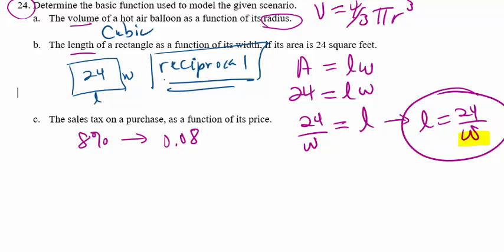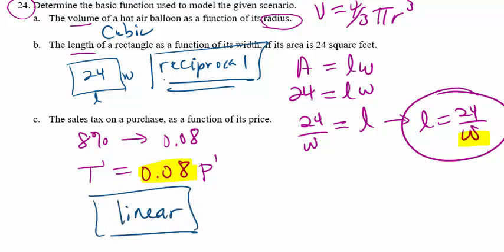So you could write a formula: sales tax T equals 0.08 times the sale price P. We can see that this is linear, and both P and T are raised to the first power. The rate of change is constant. It's that 0.08, which is the slope of the line. So we'll say a linear function.